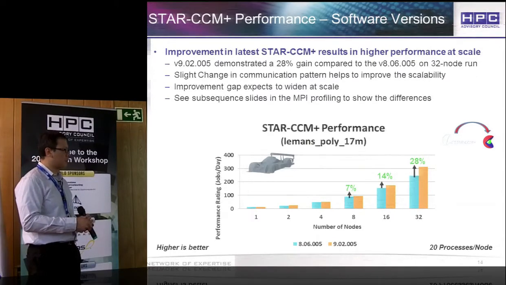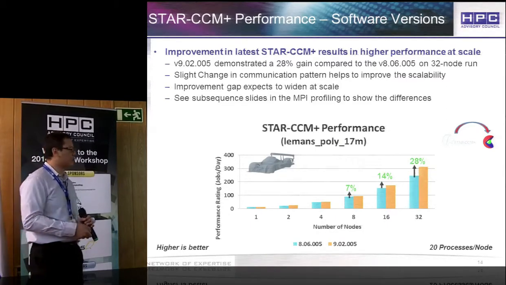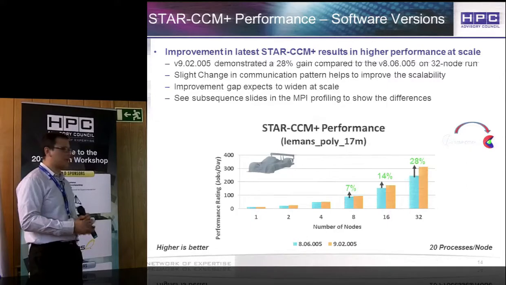One of them is the version of the STAR-CCM software that's being used. I took the time to see if there's any difference by using an older version of the STAR-CCM software versus a newer version.